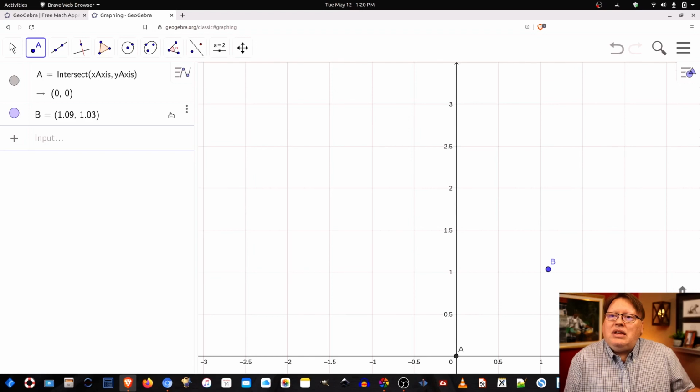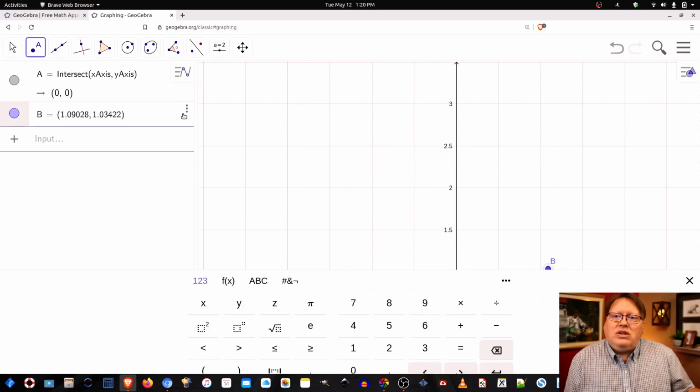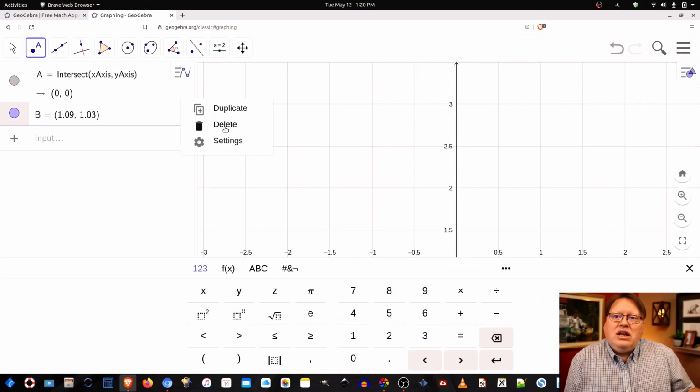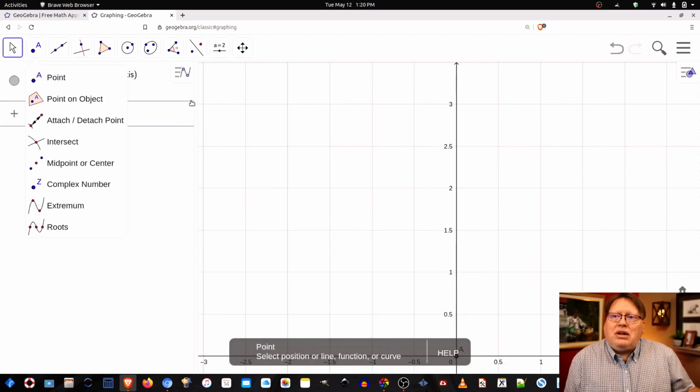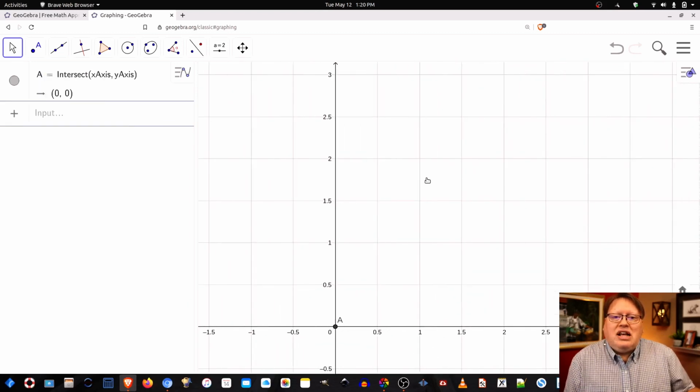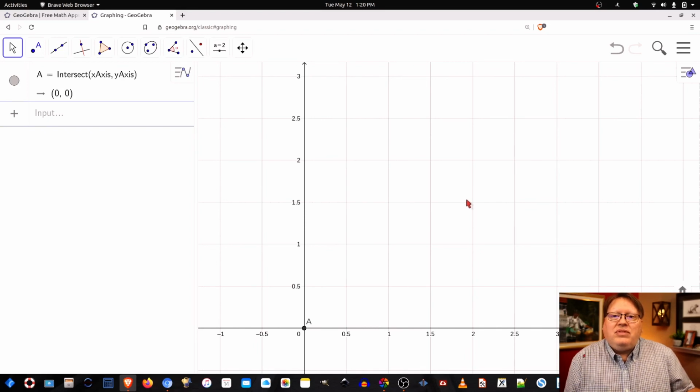And let me delete that point. If you accidentally click on a point like I did, I wanted to move my coordinate plane, but I didn't click on the pointer tool first. Then all you have to do is click on these three dots and hit delete, and it will remove that point. So I'm going to click over here, and then I'm going to slide this over. Okay?